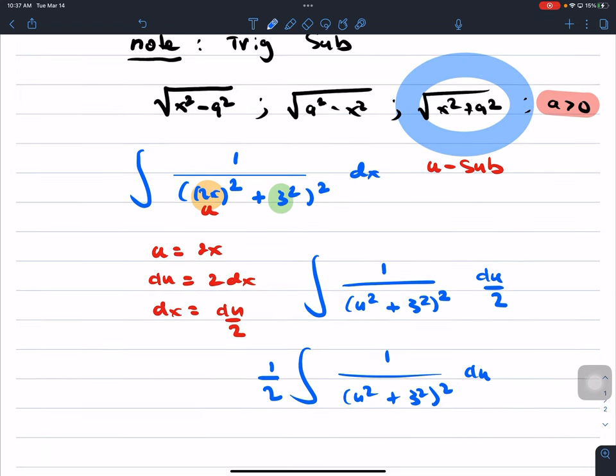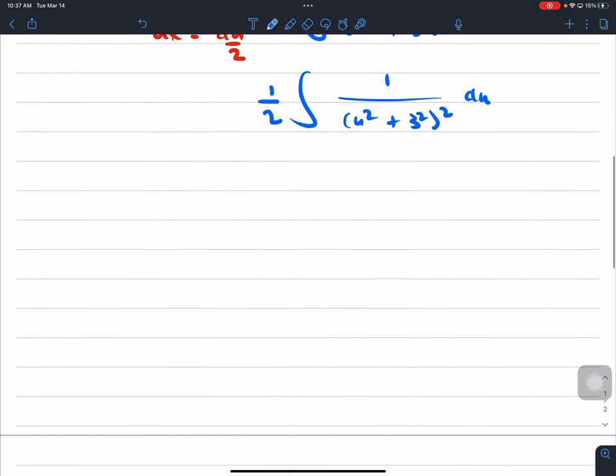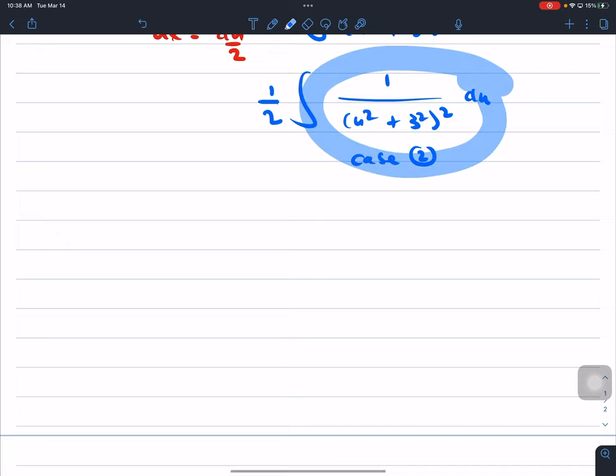I think this is case 2. Is that right? Well, then this is also going to be thought of as case 2 here. So even though you don't have that radical, and you say, well, that kind of looks like these quadratics, they intend for you to use trig sub, because it's in the section.